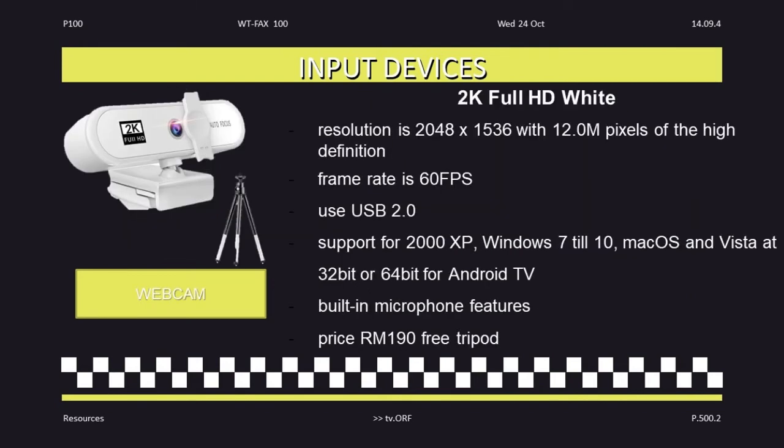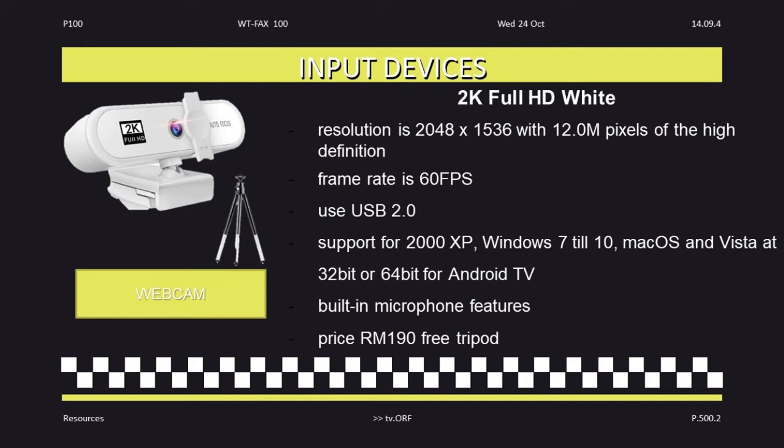The last input device that we suggested to Nawal is a webcam. We have chosen the 2K Full HD Wide. The resolution is 2048 x 1536 with 12 megapixels of high definition. The frame rate is 60 fps.